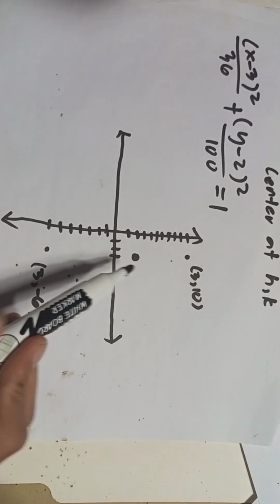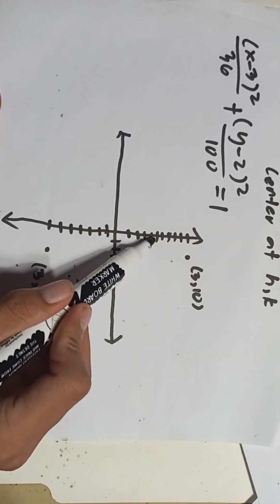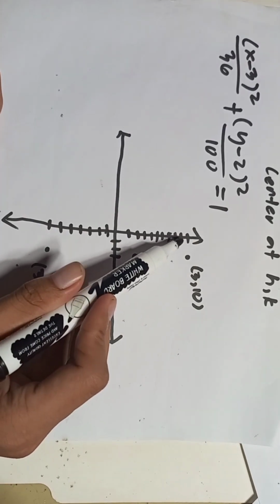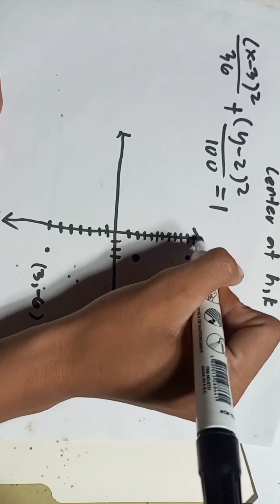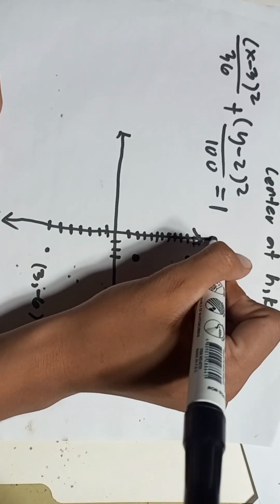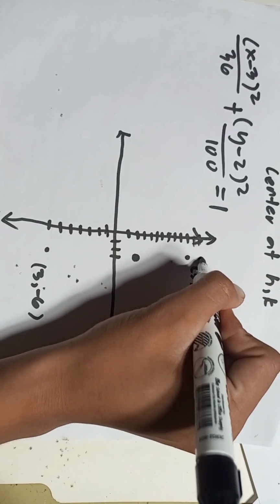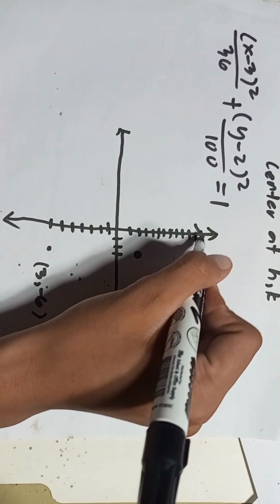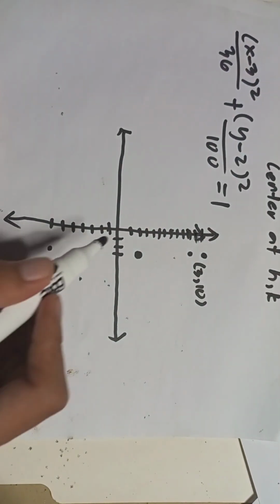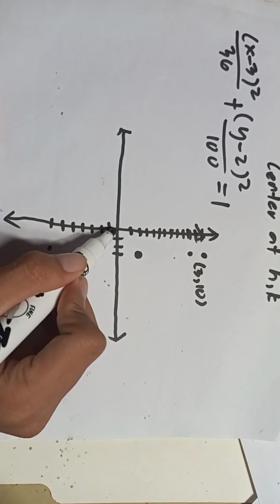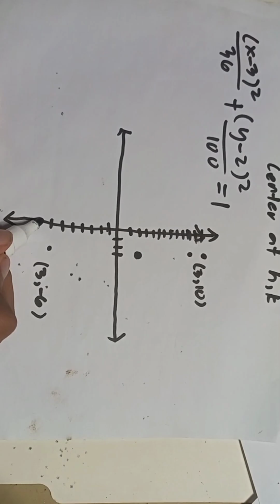So first count 1, 2, 3, 4, 5, 6, 7, 8, 9, 10.